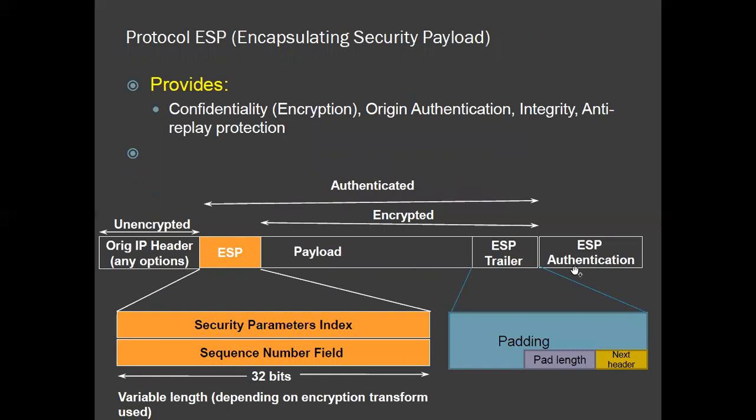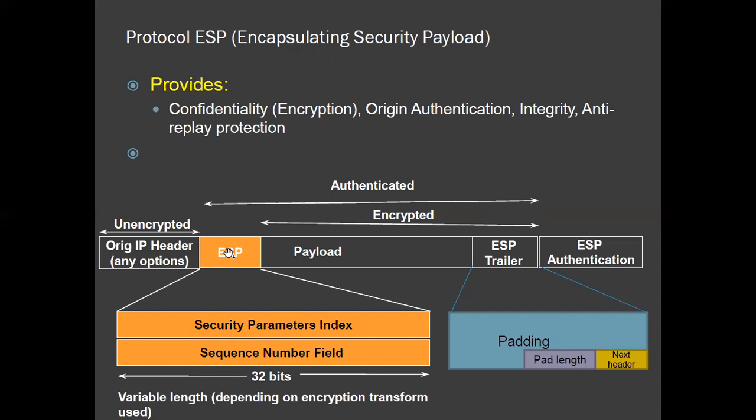So see here, first we are adding the ESP trailer value to the payload, and then the payload and the trailer are encrypted. See this, this payload and trailer are encrypted to achieve confidentiality. Then the ESP header is added.